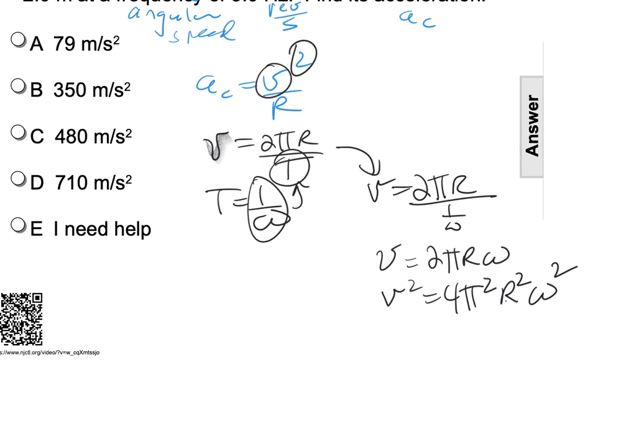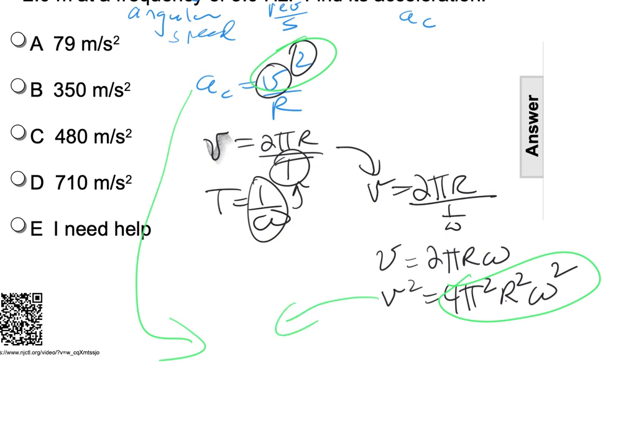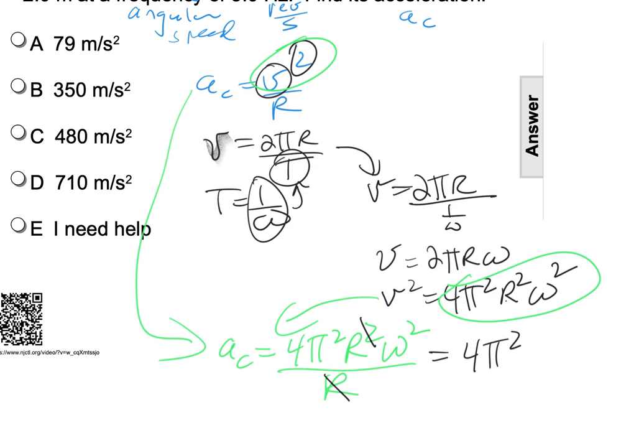Now I'm going to substitute that in for V squared and rewrite it. So AC is equal to 4 pi squared R squared omega squared divided by R. And of course, one of the R's will cancel out. So basically, AC equals 4 pi squared R omega squared.